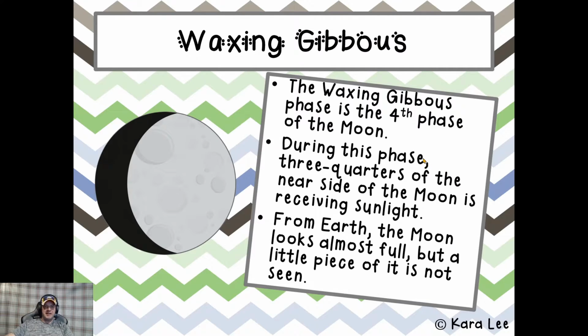A waxing gibbous. Again, that key word there is waxing. Waxing means we're being able to see more and more and more of it lit up. The waxing gibbous is the fourth phase of the moon. During this phase, 3/4 of the near side of the moon is receiving sunlight. From Earth, the moon looks almost full, but a little piece of it is not yet seen.